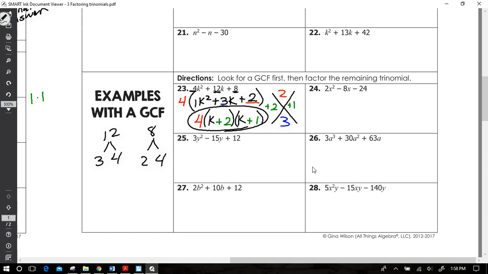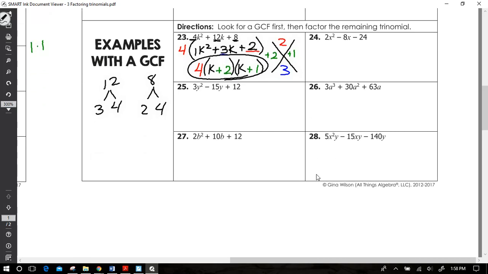Okay. I now want to go look at number 28 with you. I'm going to do this the longer way. We're going to do the factor tree. So I see a 5, which is prime, 15, and 140. So let us do 5 and 1, and then x and y.